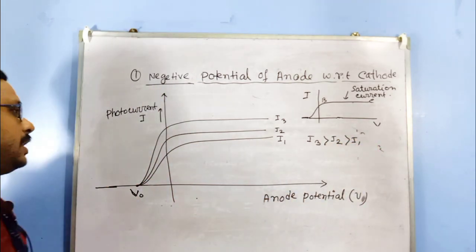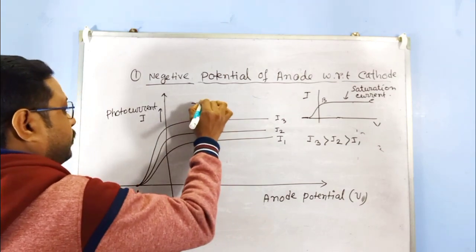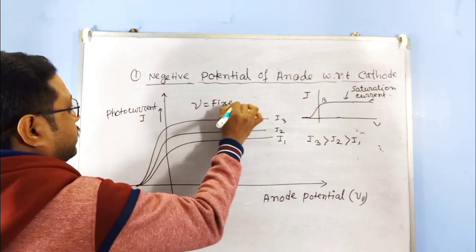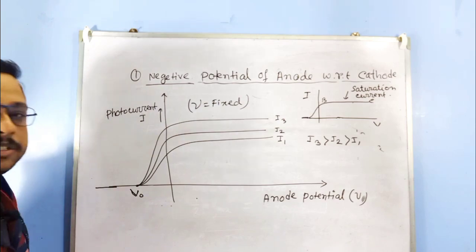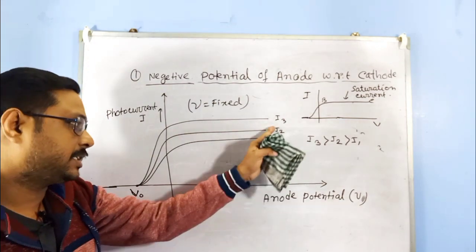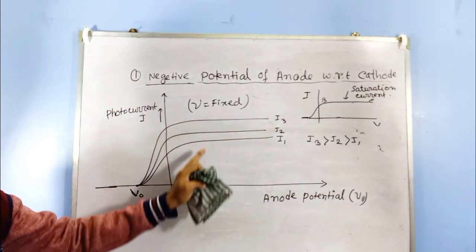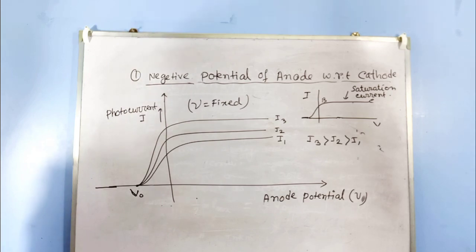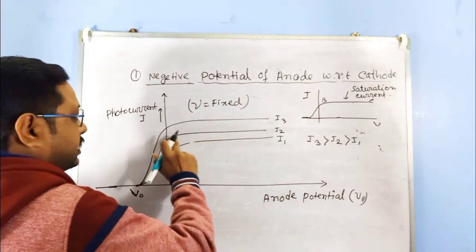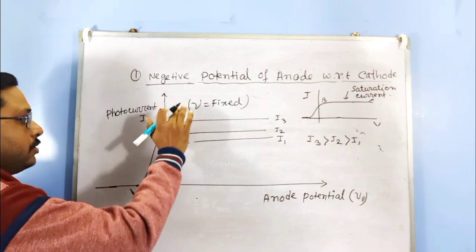Therefore, keeping nu, the frequency of light, fixed, if we increase the intensity, then the value of the saturation current increases, as the graph goes to the upper portion.